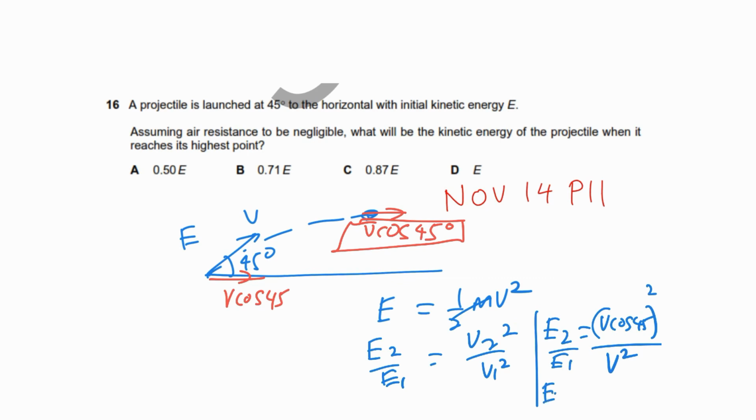So E2, the V squared on top, when you square it, will cancel with the V squared, so you're going to get cos 45 squared. And cos 45 squared is actually equal to half. Then you bring the E1 over, which is E, so the answer will be 0.5 E, which gives you an answer of A.